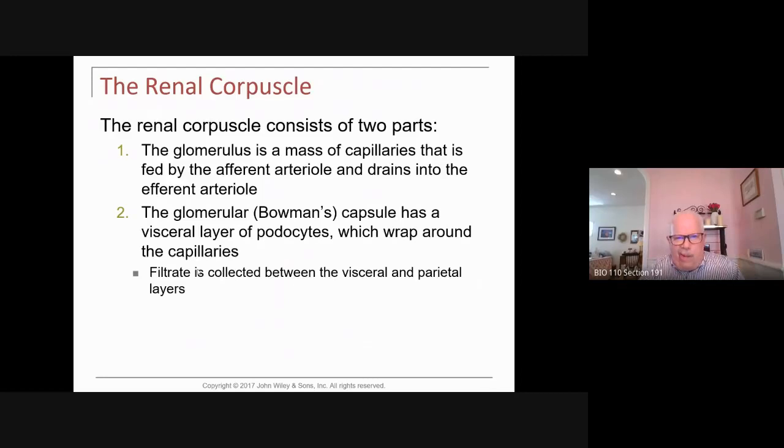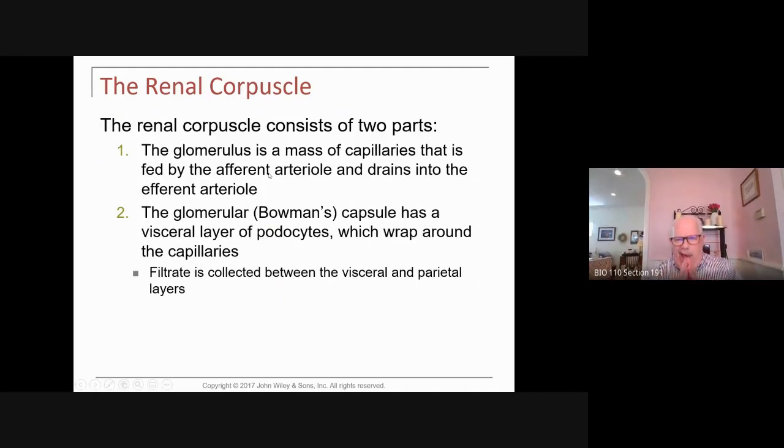The renal corpuscle consists of two parts. The most important part is the glomerulus. It is a mass of capillaries that is fed by an ingoing arteriole and an outgoing arteriole.